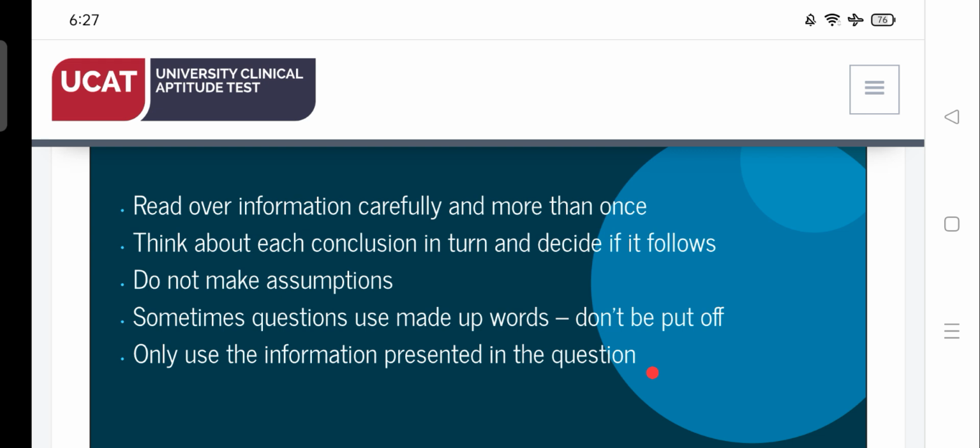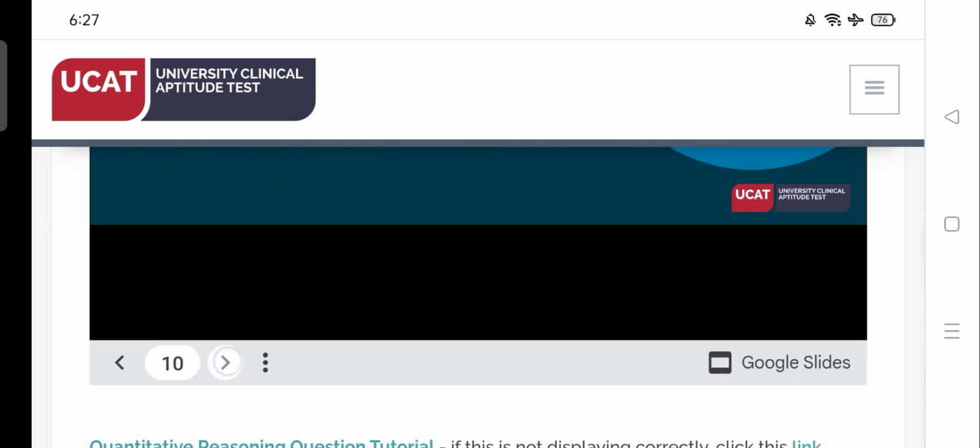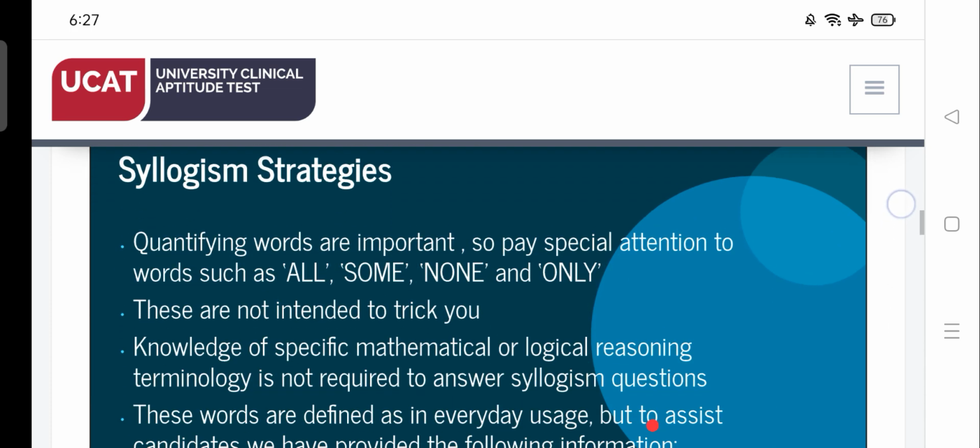Again, the same thing, you do not need to make any assumption. You have to use only the information presented in the question. Then you can conclude your answer right and correctly. Otherwise, it could be proved wrong. That's why you only have to use the information that will be presented to you.